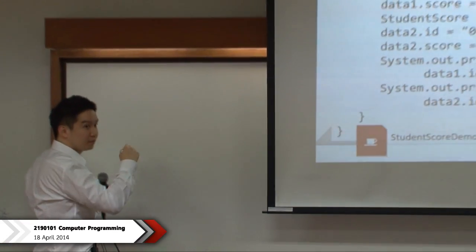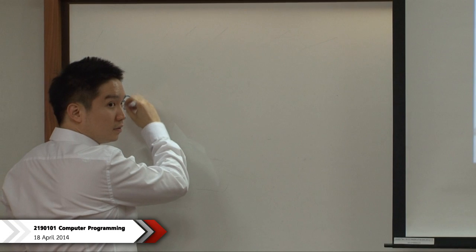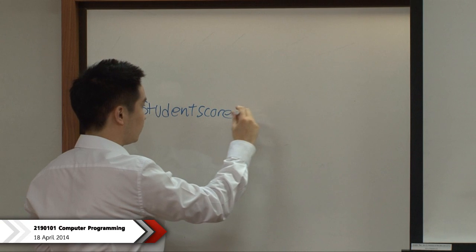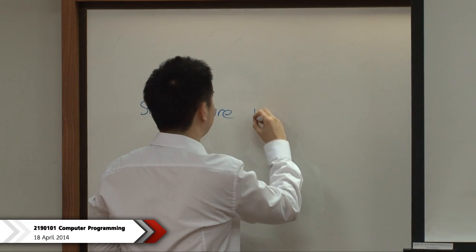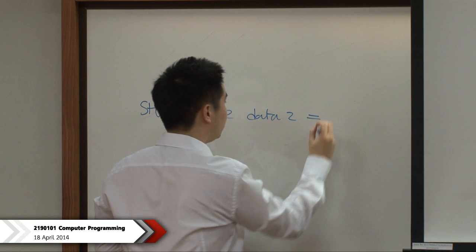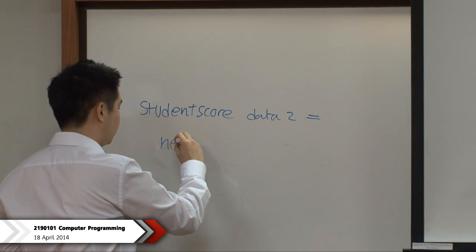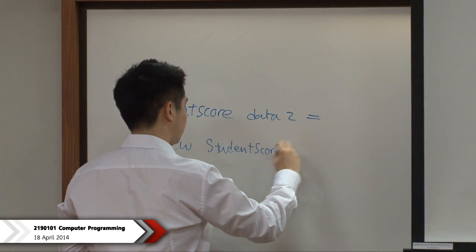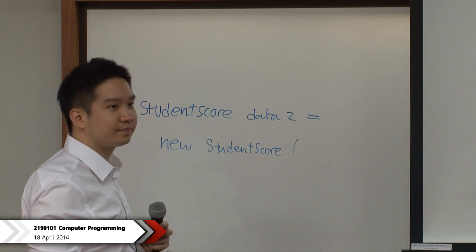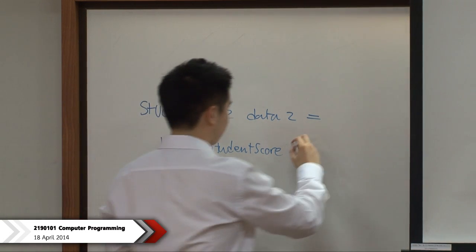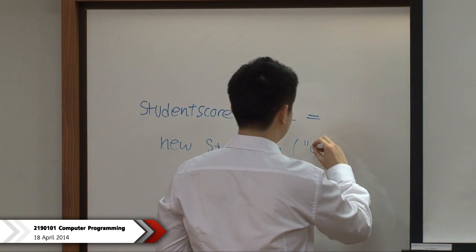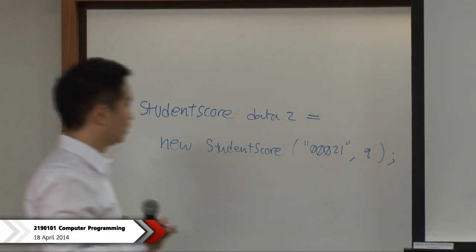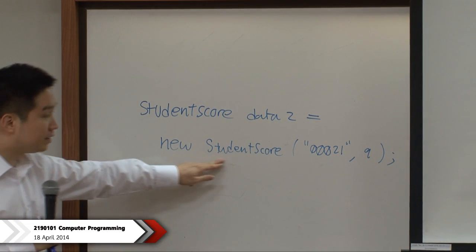The class name is data2 is equal to new student score, and then what? What is this?